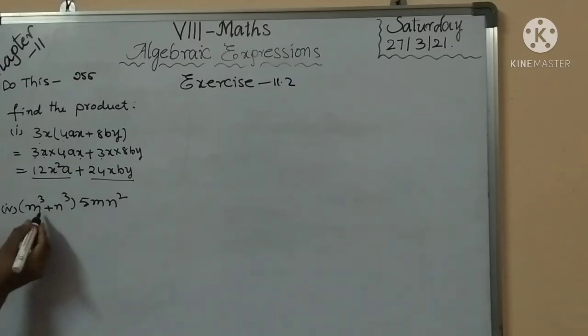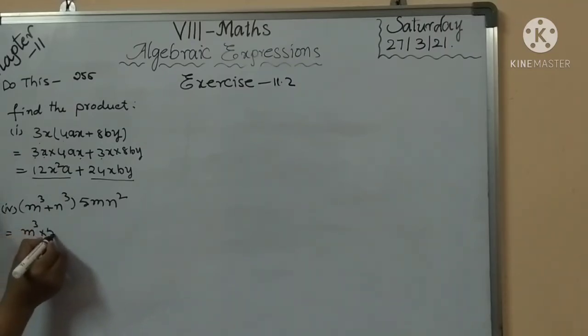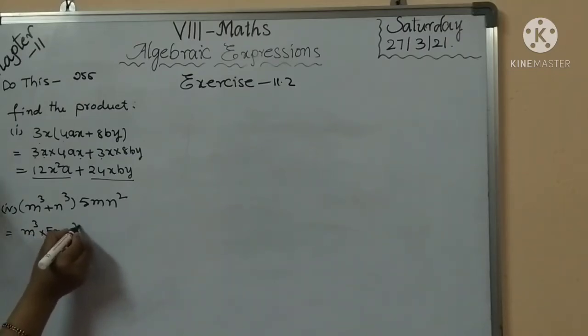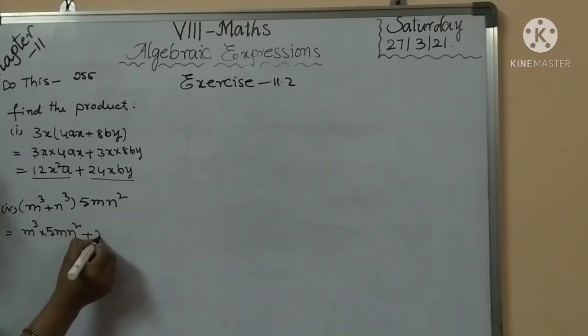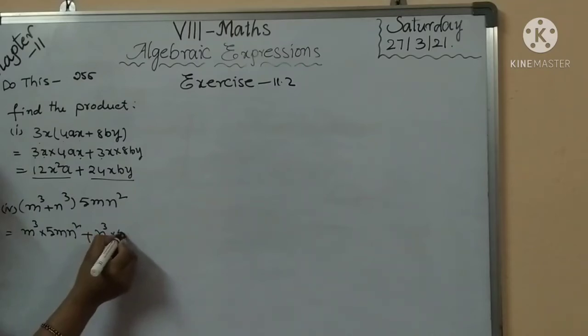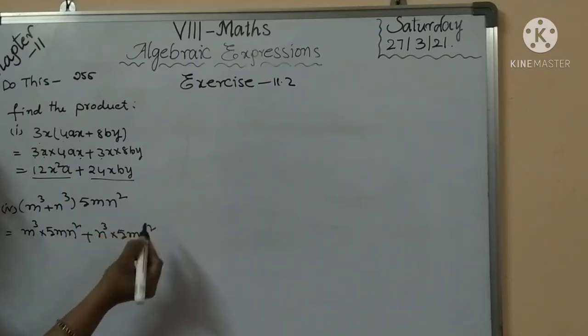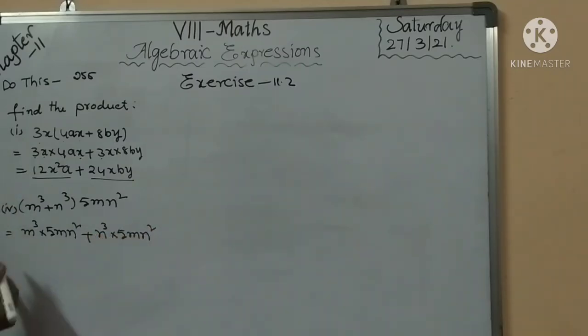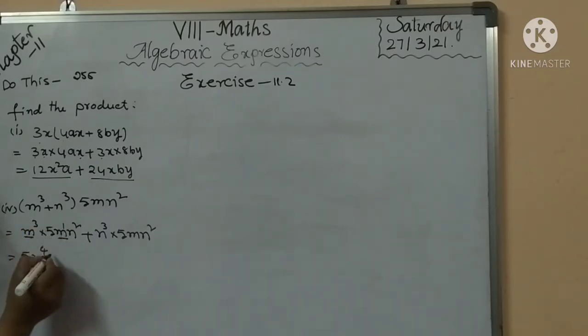So next one here: m cube into 5mn square plus n cube into 5mn square. Is any coefficient there? No. So 1 fives are 5. m cube into m: bases are same, then exponents are adding, m power 3 plus 1, 4. n square is right here, n square.